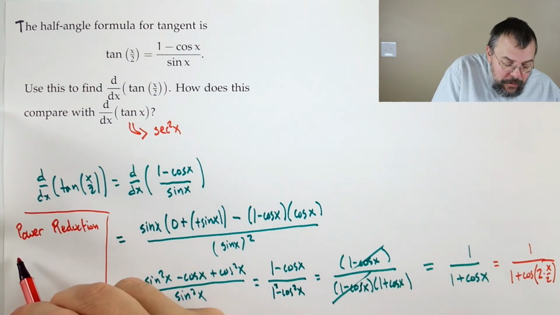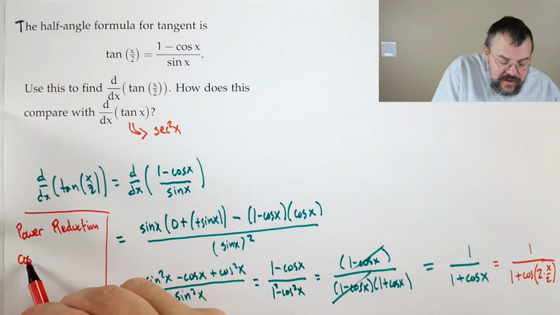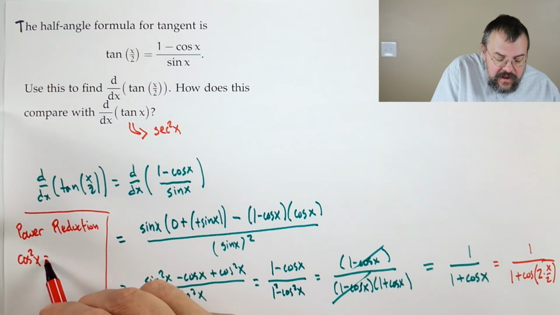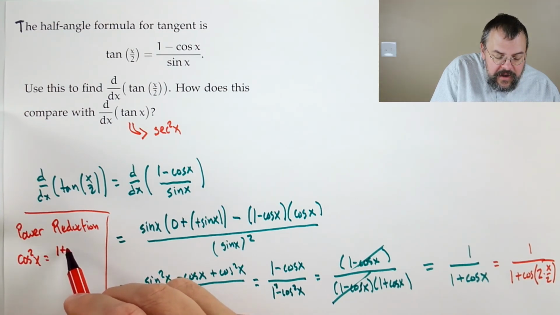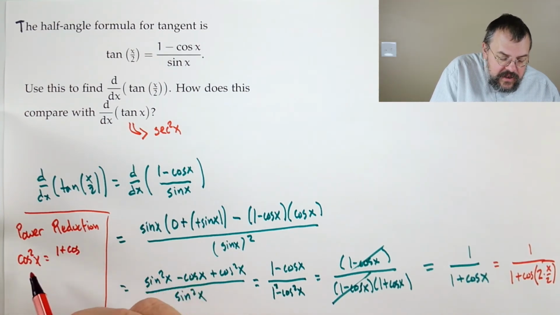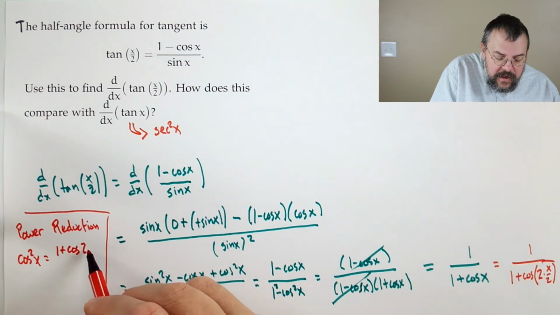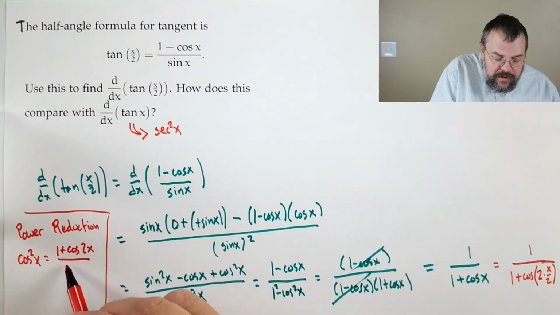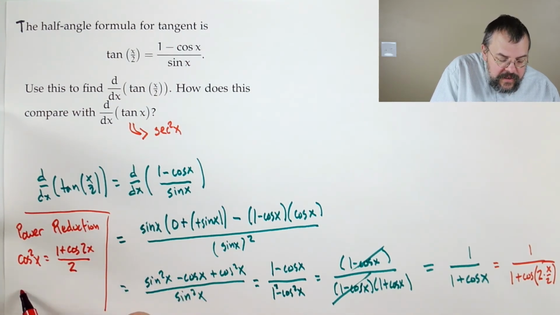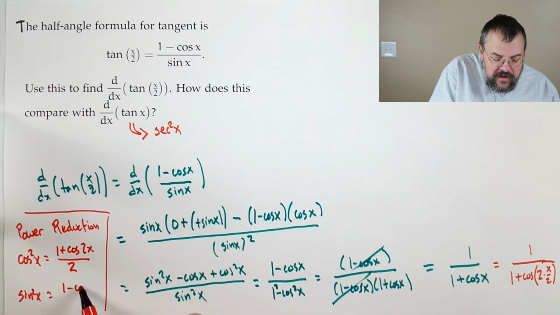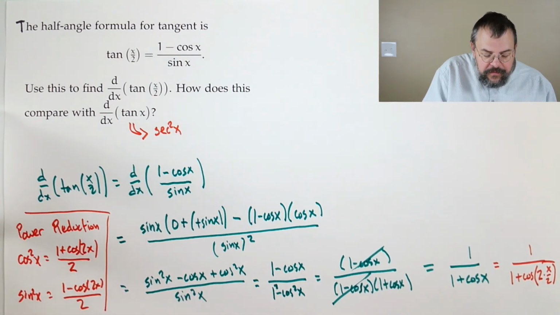So anyways, what's true is that cosine squared of x is 1 plus cosine of 2x over 2. I shouldn't have used x, but I've already gone down that rabbit hole. And sine squared of x is 1 minus cosine of 2x over 2.